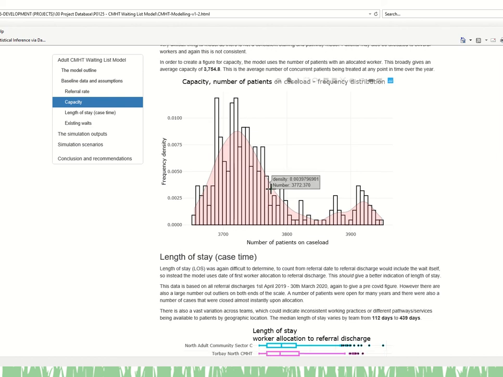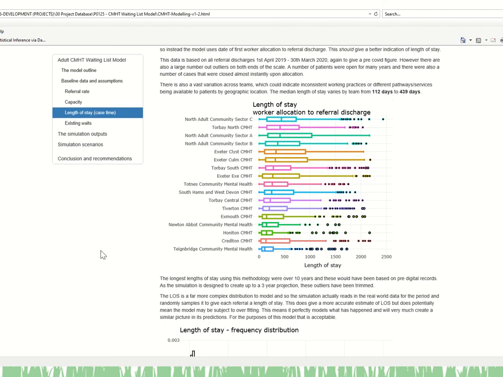The other thing we need to know is, once somebody's in the system, how long are they utilizing that capacity? So how long are they in the system? I had to do a bit of analysis around that. It's quite difficult with mental health because quite often patients are on the books for potentially several years.